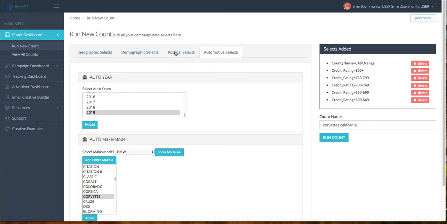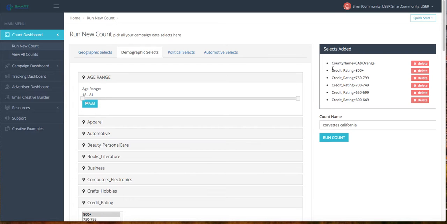Now, I ran just a few things here just to give you an idea, because you can just go crazy. What I did over here was Orange County, California, and I want to know everybody's credit rating in Orange County, that's 600 to 800 plus. So you can see the different things here. Because what I helped organize in this dashboard is how it breaks everything down in categories. So here's what I mean.